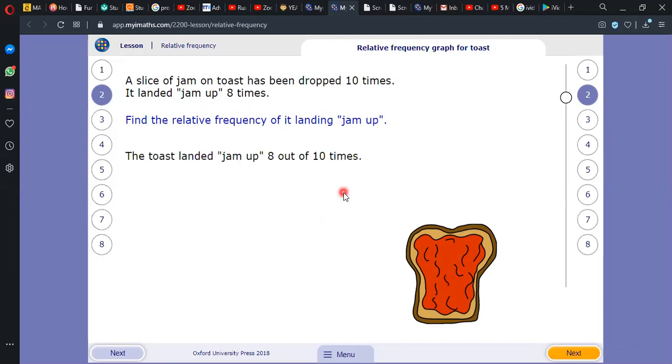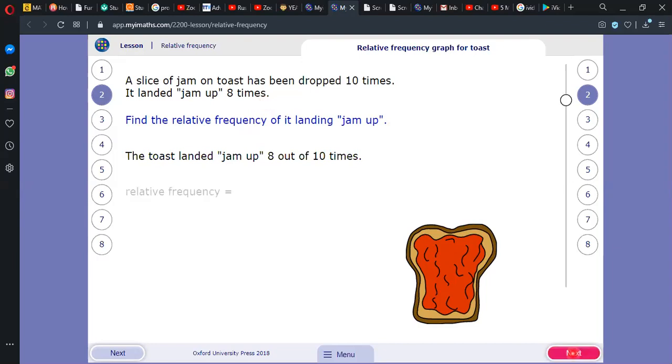Of course, we've seen the experiment, we've seen the outcomes. The total number of possible outcomes, in this case of experiment, we call the total number of trials, the number of times you performed the experiment. So it was done 10 times, and then the number of successful outcomes, which is your required outcome, the number of successful trials, we have 8 times for that.